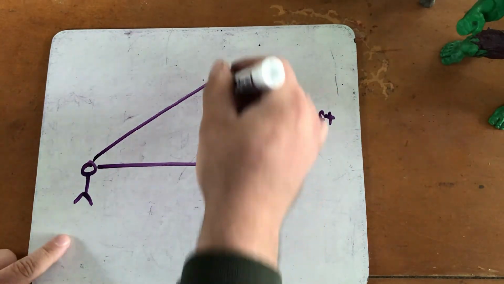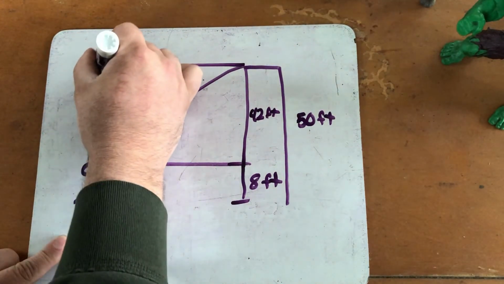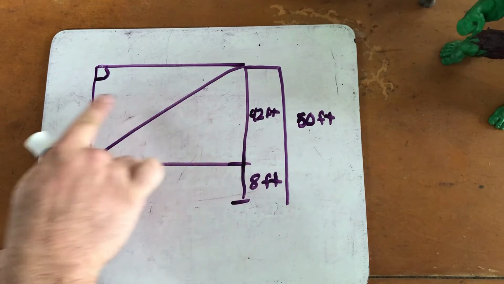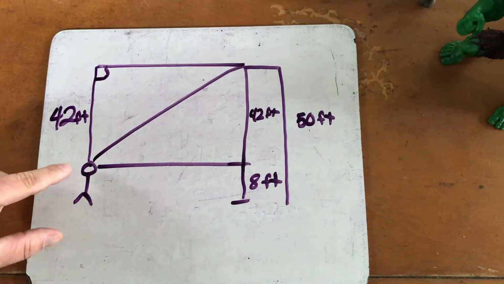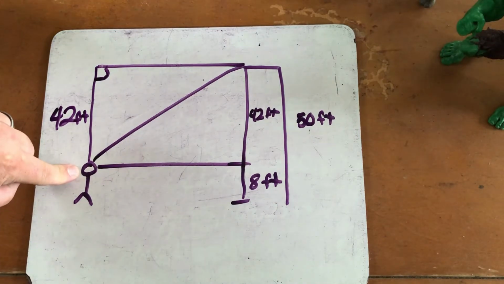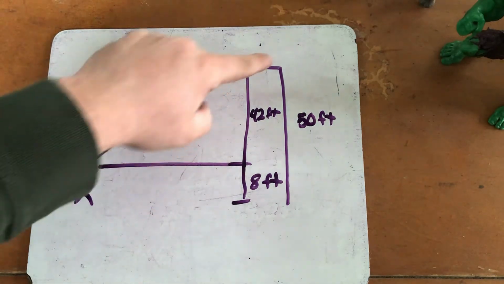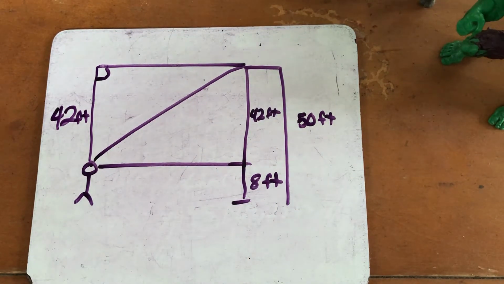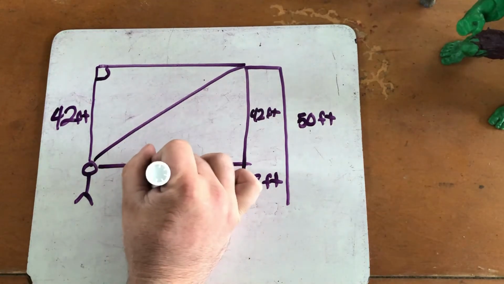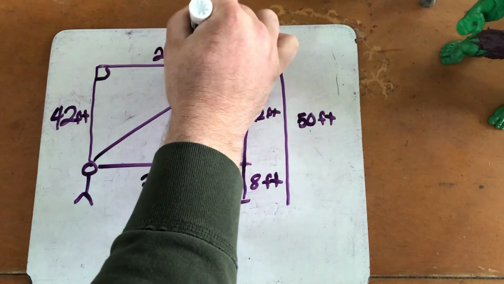Now, I'm using angle of depression, so that means my triangle is actually this way. But if this side of the triangle is 42, then this side of the triangle is 42. So the height from line of sight, regardless of which triangle I'm talking about, is 42. And I know it's 42 because the whole building's 50 and my line of sight is 8. Now I'm also told that I am 200 feet away from the building, which means this is 200 feet.